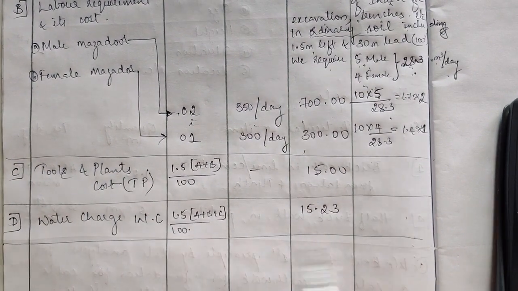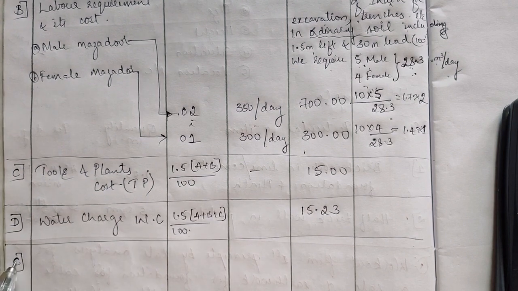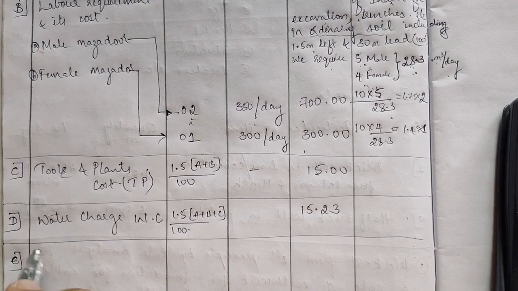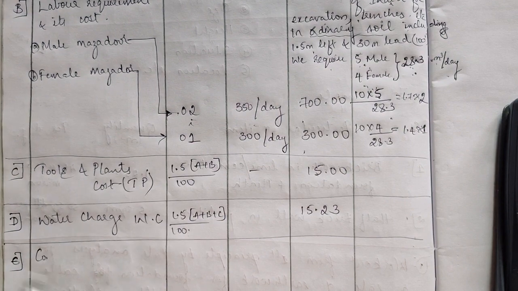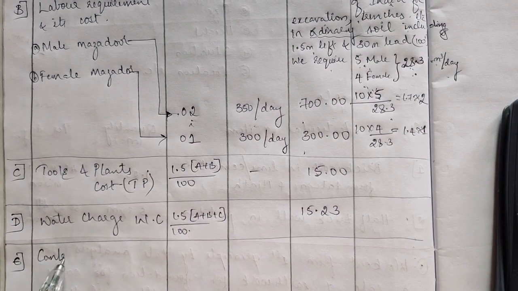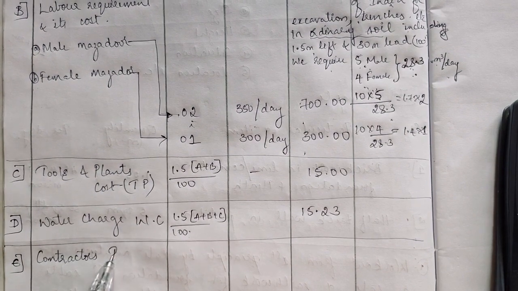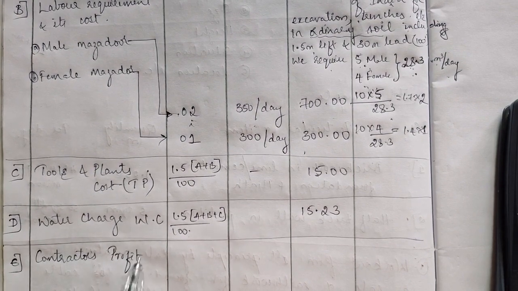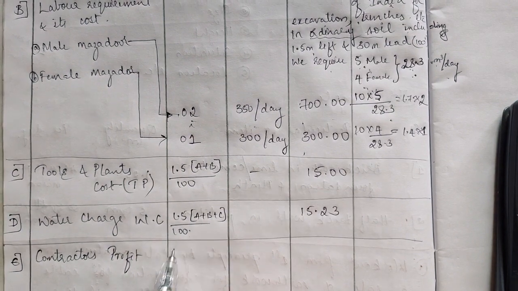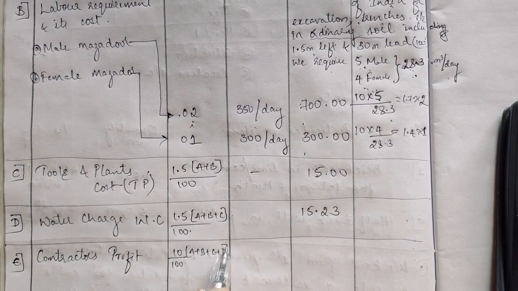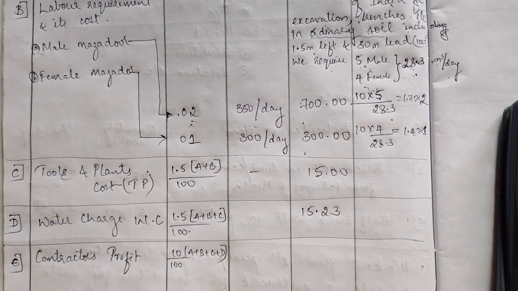Now last step, what is it? E, after A, B, C, D. That is contractor's profit. What I told you, that is 10% of A plus B plus C plus D. So what will it be?